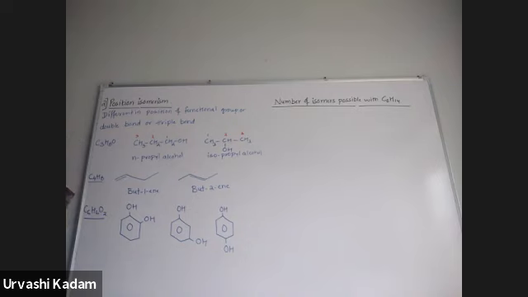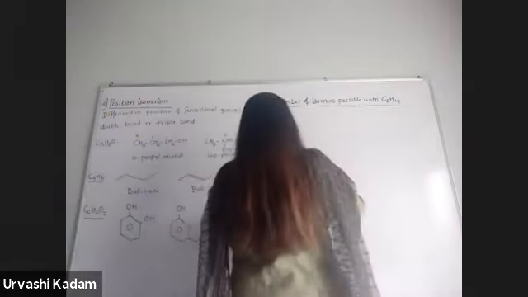Try writing how many isomers you can get with this formula. So see what are the different isomers possible with this formula.